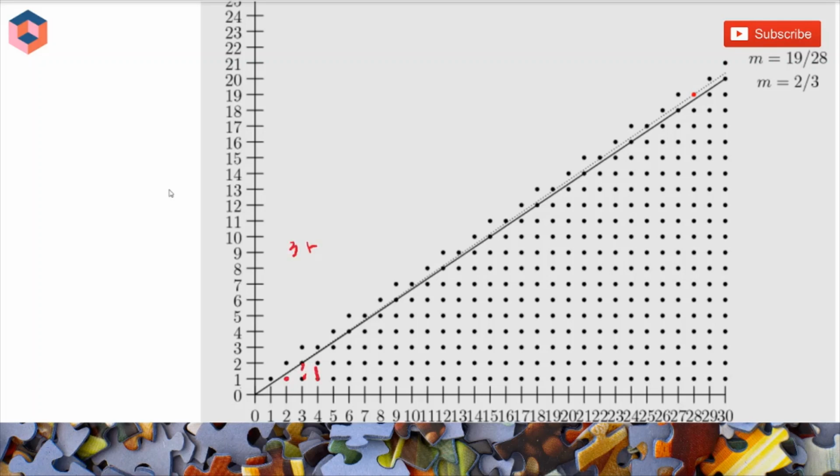Then we get 1, 2, 3, 4, 5, 6, 7, 8, 9. So the next one might be 27, but let's double check. 1, 2, 3, 4, 5, 6, 7, 8, 9, 10, 11, 12, 13, 14, 15. Oh, it's actually 15. And now we start seeing the pattern. The common difference is just 6. And this is just an arithmetic sequence.